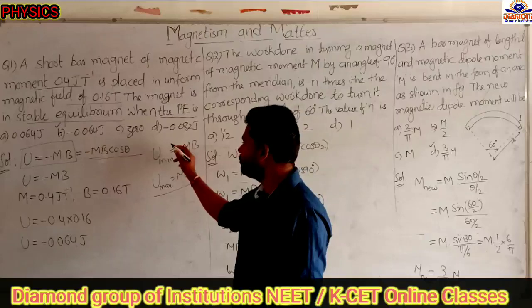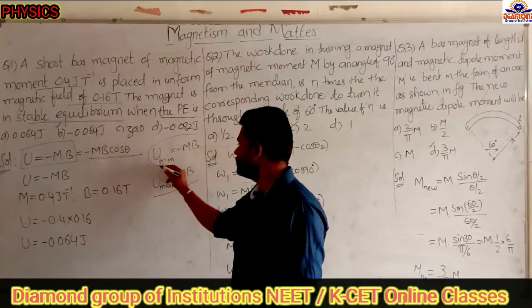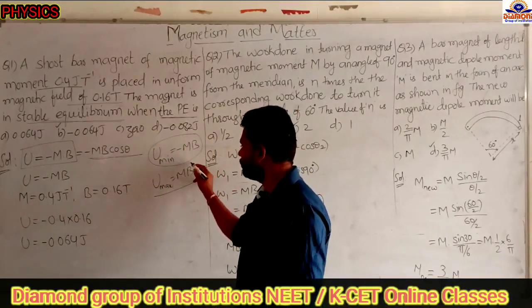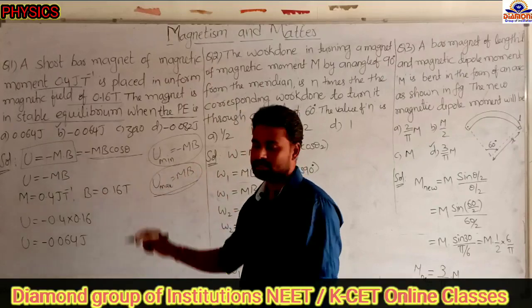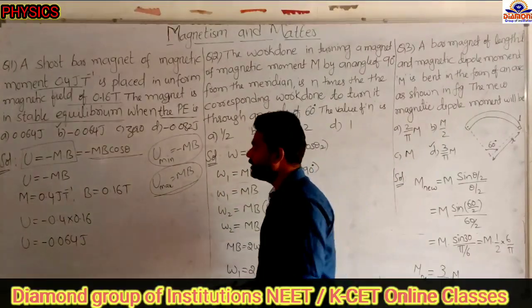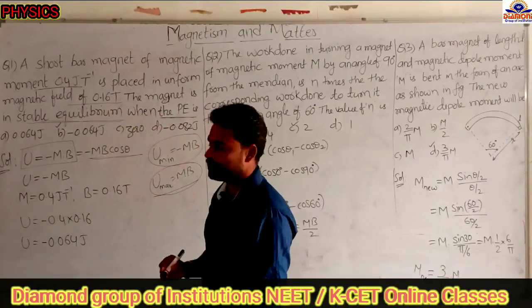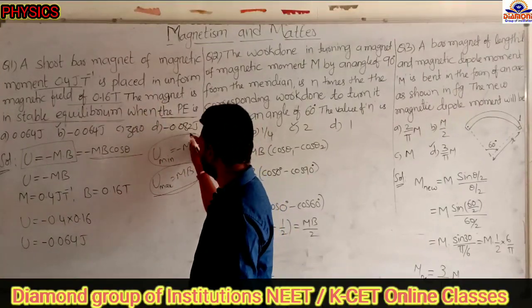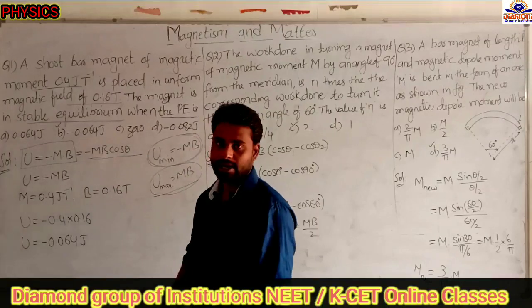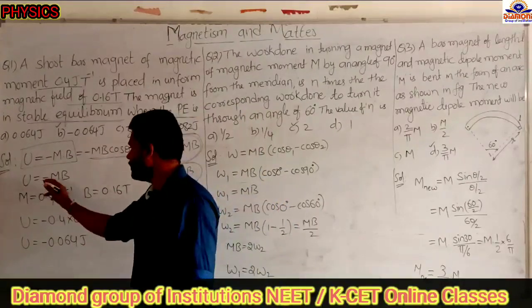That means if theta equal to 0 degrees, it is stable; theta equal to 180 degrees, it is unstable. Remember that one. Since it is in stable equilibrium, U minimum equal to minus mb.